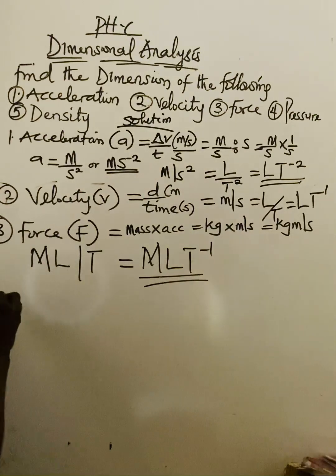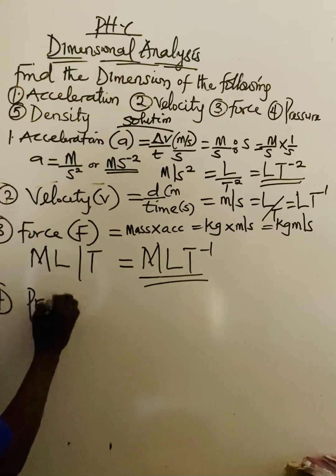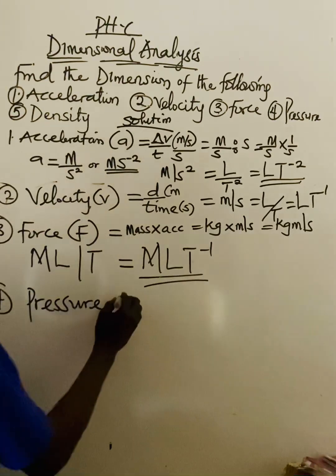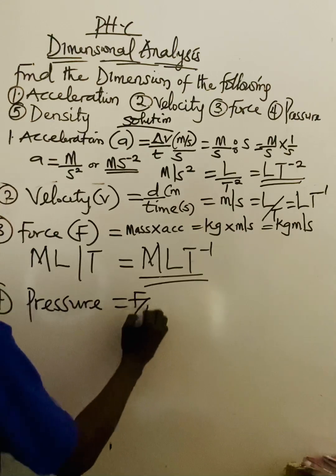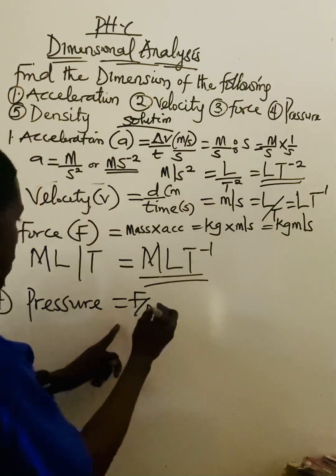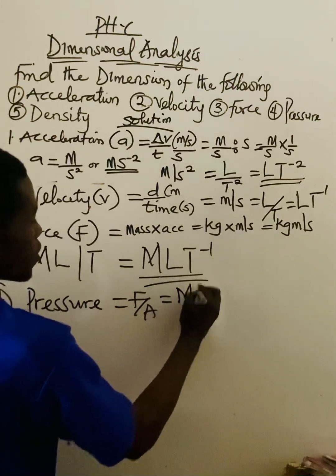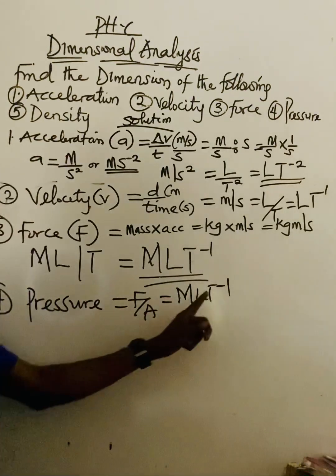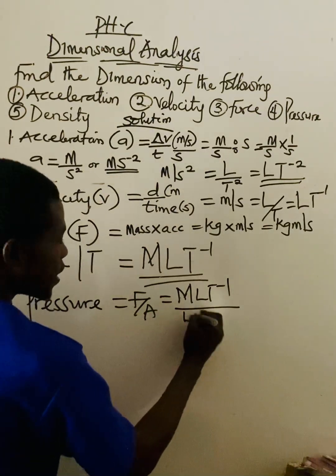Let's go to number 4, which is pressure. Pressure is equal to force over area. Looking at this, we already know force as M L T to the power minus 2, all over area, which is length times breadth.